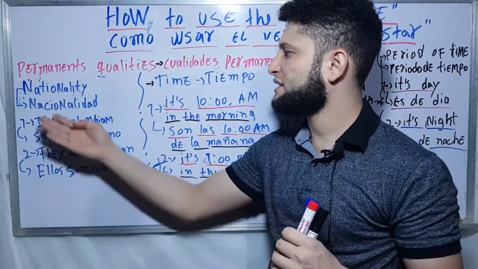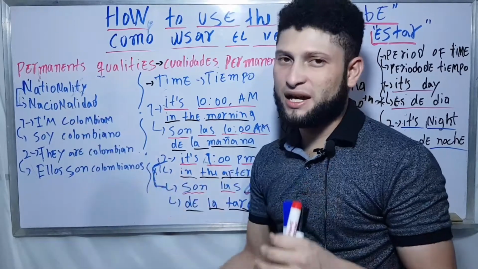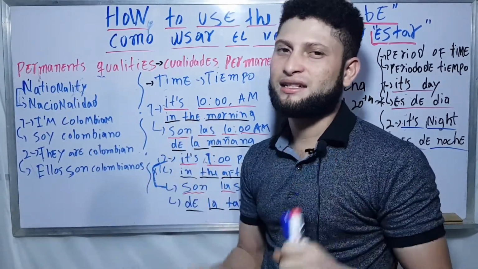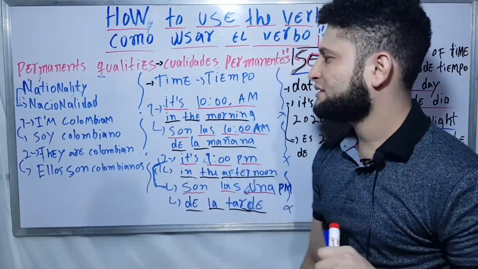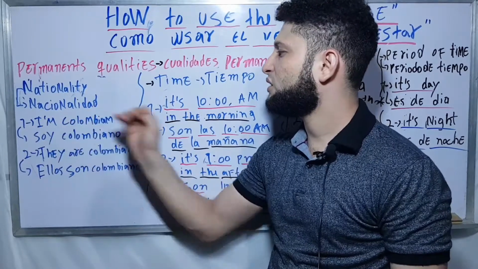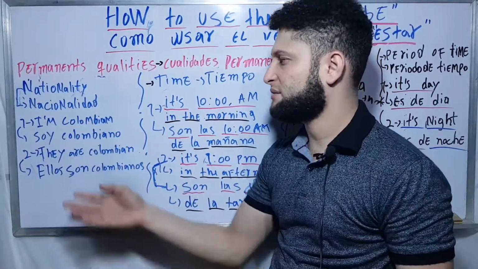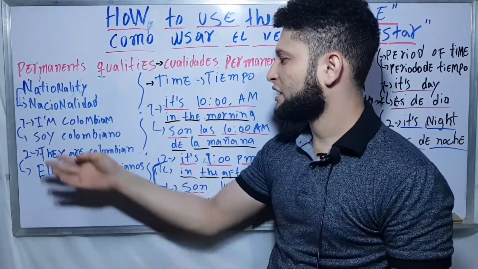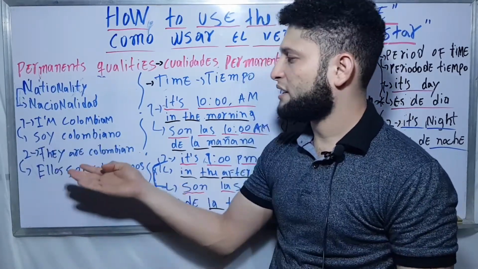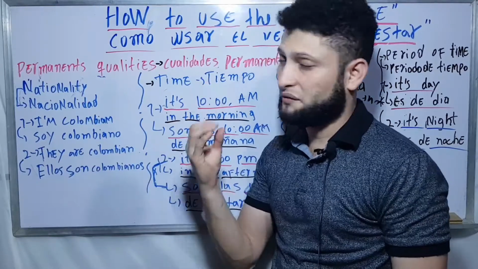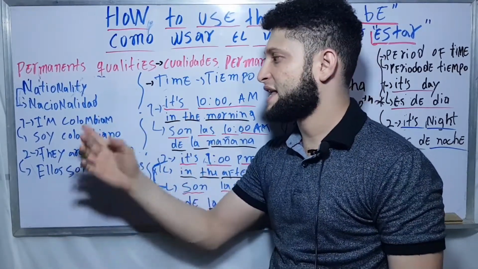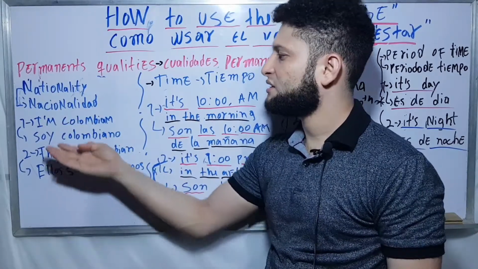Nationality in English, nacionalidad in Spanish. This is the pronunciation. Our first one is I'm Colombian, for example. As you see in this part, I decided just to write soy colombiano. I mean the first conjugation for the first person in singular, which is I. In this case, I am.